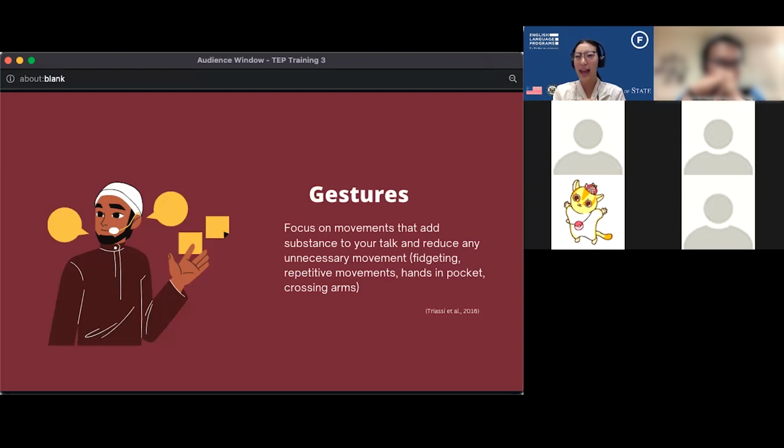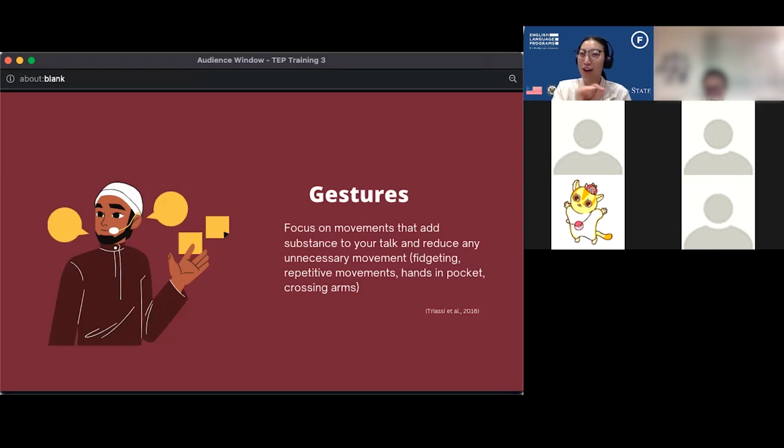Now, how do I help my students to add this into their presentations? When they are working on their speech and their slides, I will give them a moment and say, read through your speech, and I want you to circle the areas where you would like to add a gesture and think about what gesture that will be.